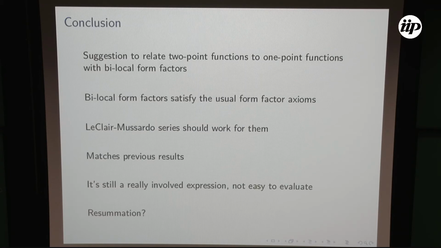Another question is where this whole formula is applicable. We believe for the moment that for space-like separation, this infinite sum is convergent, so it's well defined, and we can put it in the LeClair-Mussardo. But the question is whether you can use it for other separations, or in what kind of situation it is actually applicable or worth calculating.